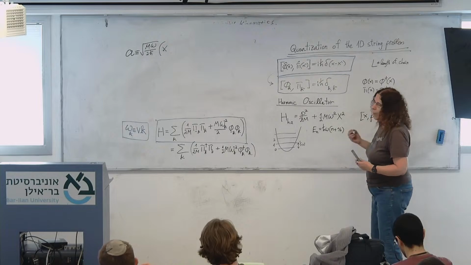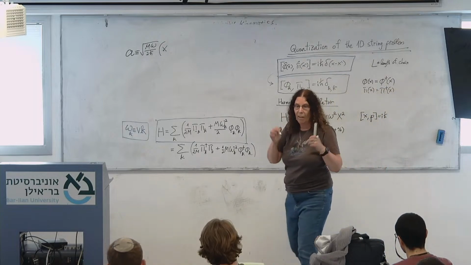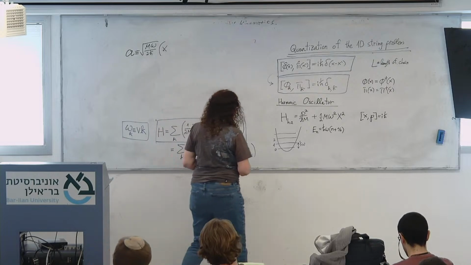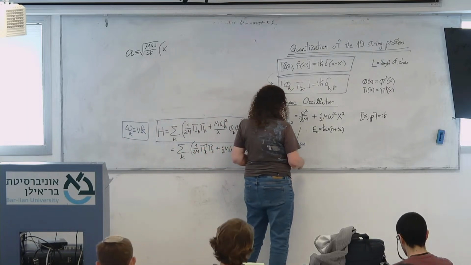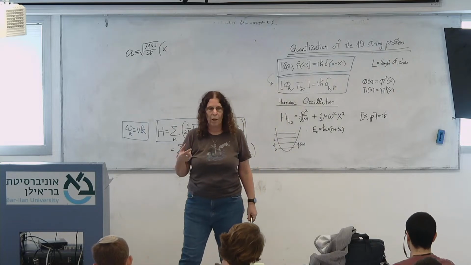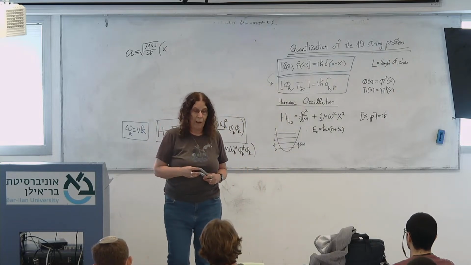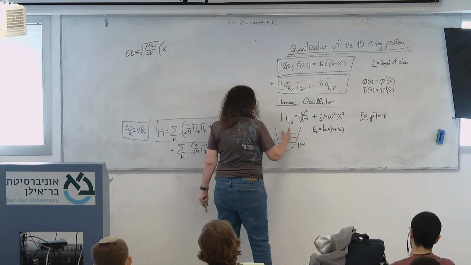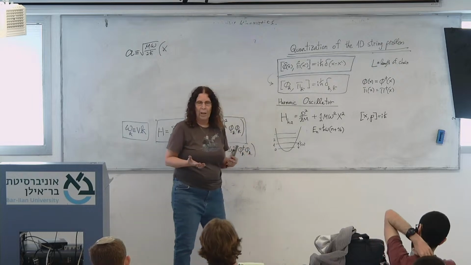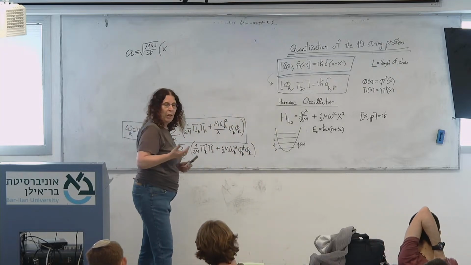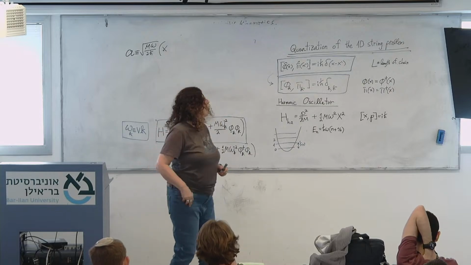So I want to change them into a single species of operators that is just a linear combination of x and p, rescaled in such a way that they have the same units, and the linear combination of p and x will give me some operator that will appear in the expression with its Hermitian conjugate.